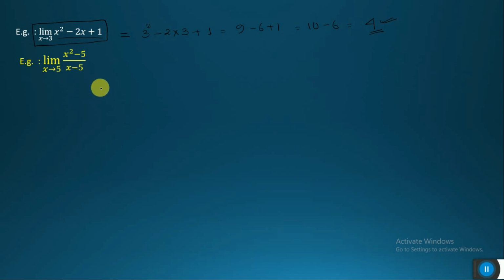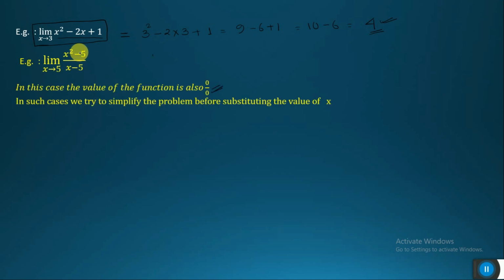Suppose this is our example. Now this is 25, please correct that. This portion is 25. Let me rewrite the question: limit x tending to 5, (x square minus 25) by (x minus 5).